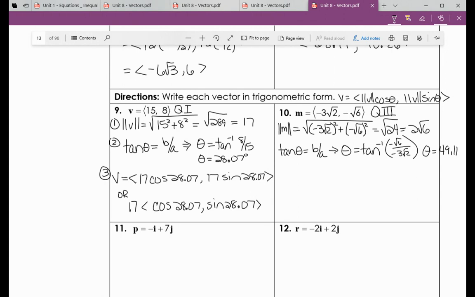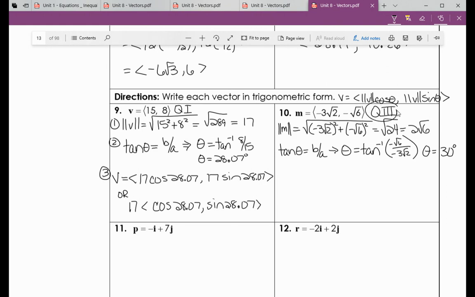Now, I can't use 49.11, so I am going to actually have to, wait a second, I must not have calculated something right. I apologize, I did not type that into my calculator right. When I do this, I should get 30 degrees.